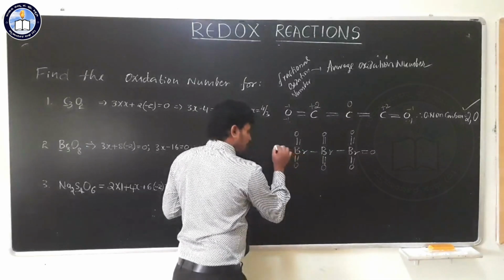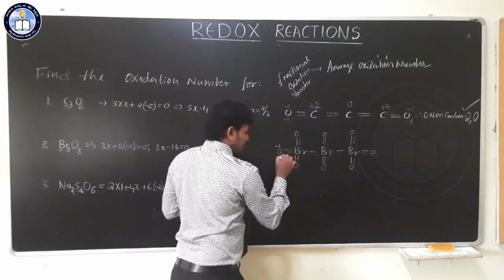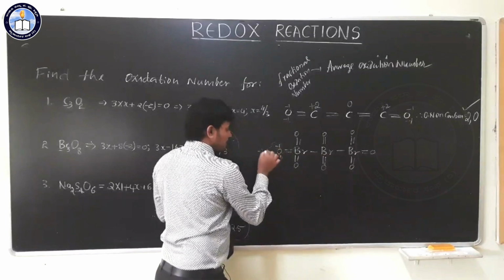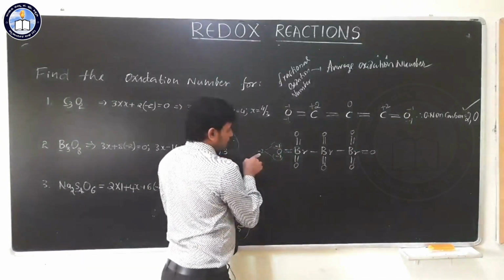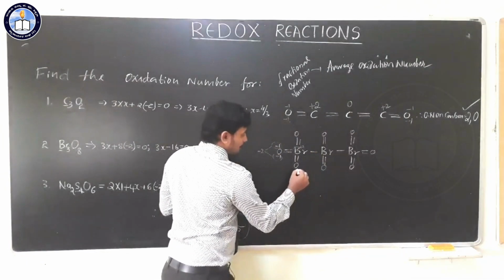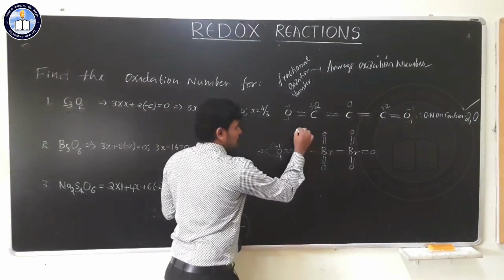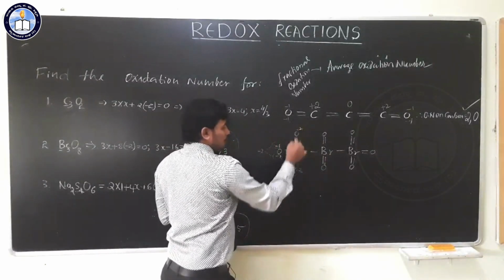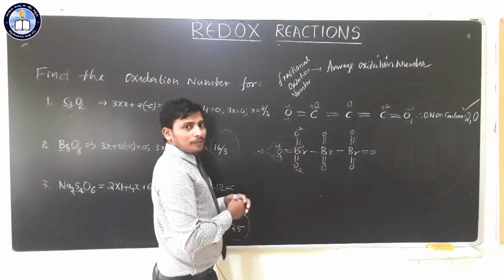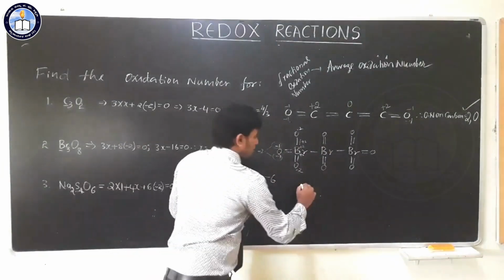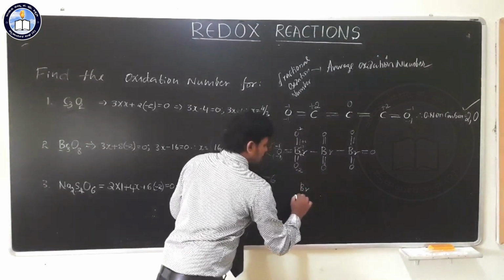Therefore for one bond -1, for another bond -1, equal to -2. If here it is -2, then here it is +2. Here also -2, here also -2. Total three -2 are present, that is -6. On Br it is +6.